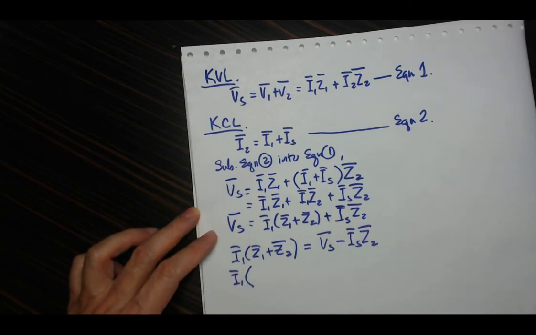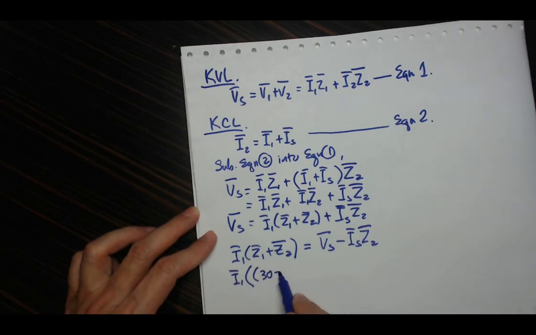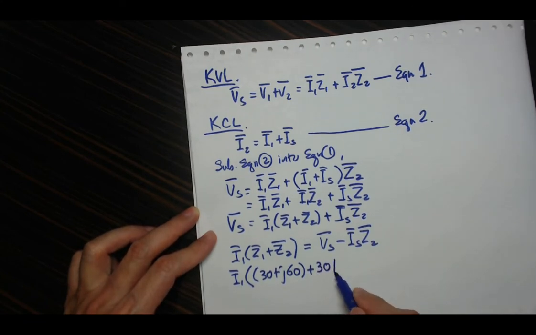Z1 is given as 30 plus J60, so I have 30 plus J60 plus Z2, which is given as 30 angle minus 90 degrees.